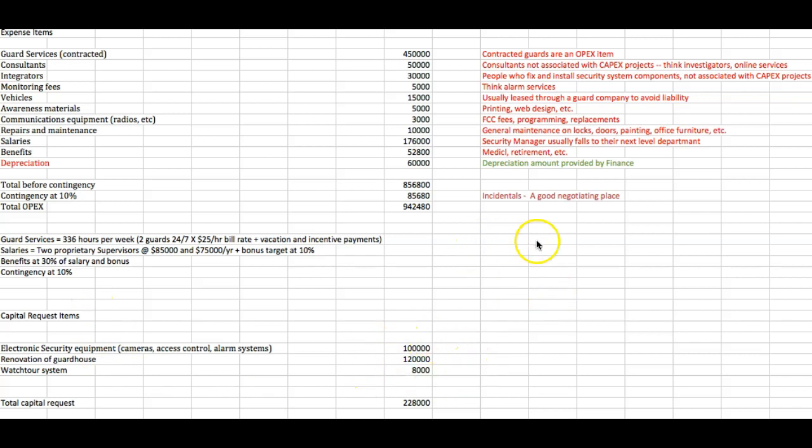So I hope this shows just a little bit about line item budgeting, right? We based all of these on what we did last year, so we did a cost basis. We didn't start at zero with anything. We knew what we spent last year, and that's how we built this. By the way, you're not expected to remember your depreciation number. Your finance person at the beginning of every budget year will tell you how much depreciation you have to account for in your budget.